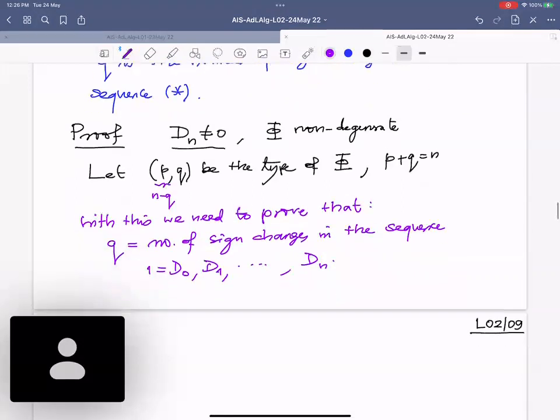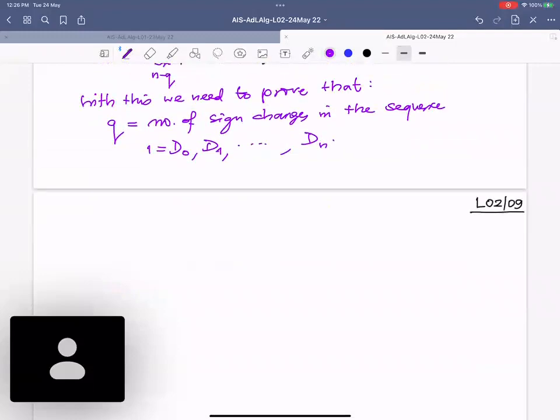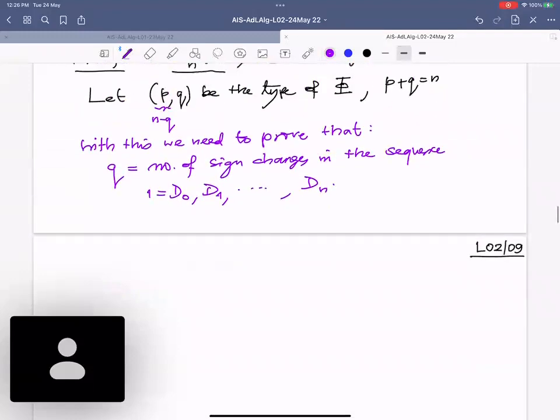And all these guys are non-zero, that we know. So I want to compute the sign changes. How many times does the sign change? And that has to be the Q, where Q is the Morse index. That is what we need to do. Right? Watch out, I am not cheating you. If you feel I am cheating, ask.